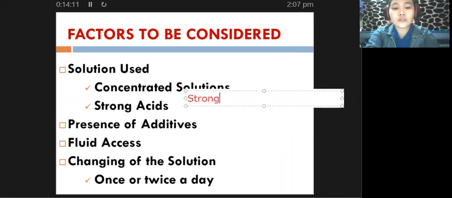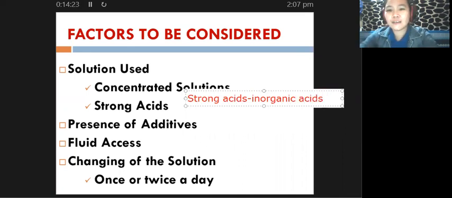Strong acids, class, are usually inorganic acids. This will enable you to remember characteristics of your decalcifying agents, particularly your acids.